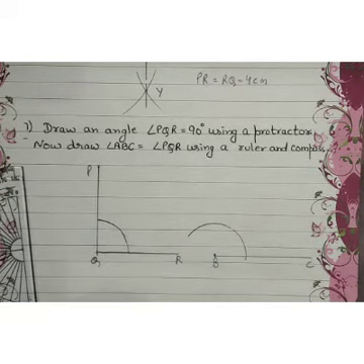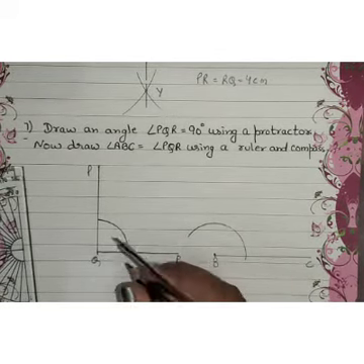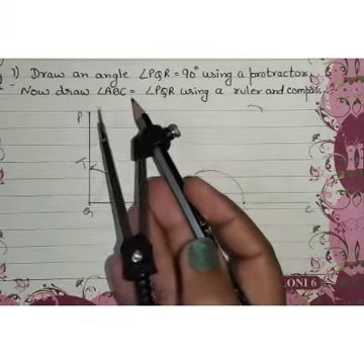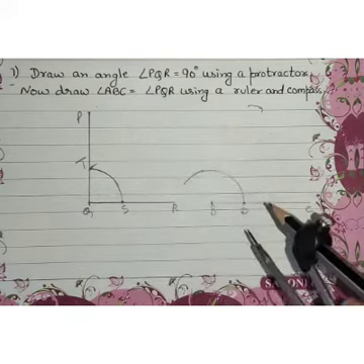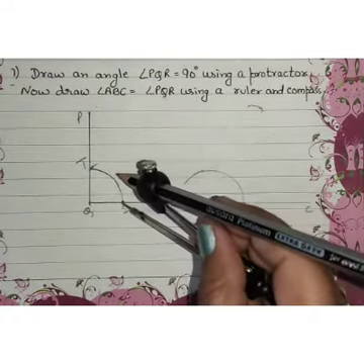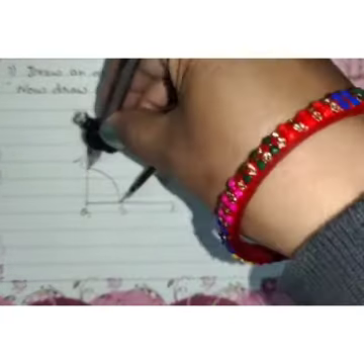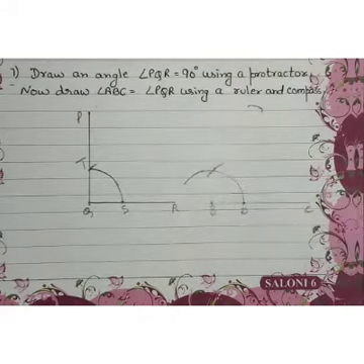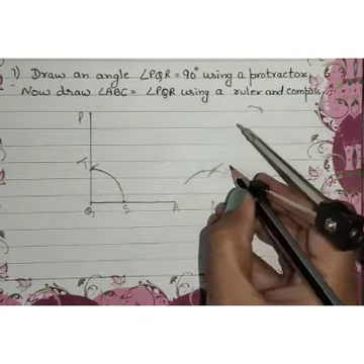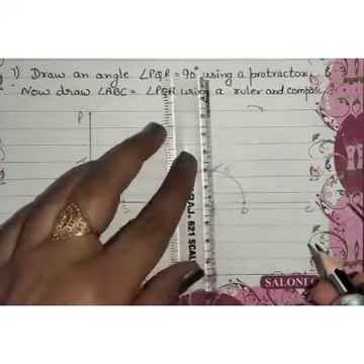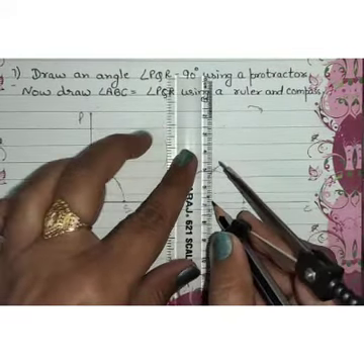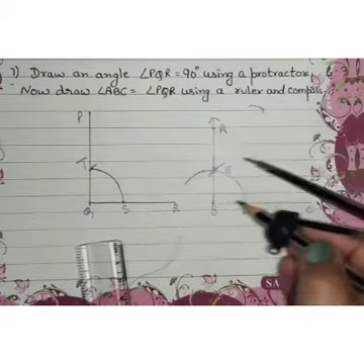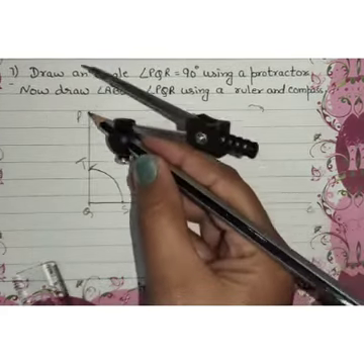Name these points S and T. As we have to draw angle ABC equal to angle PQR, with center D and radius equal to ST, we draw an arc DE. Now we join BE with a scale and produce it to point A. Thus, angle ABC is equal to angle PQR.